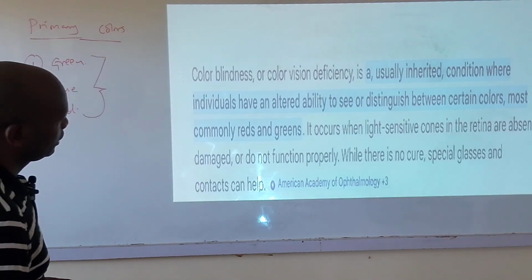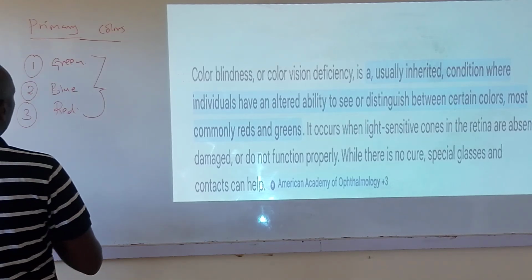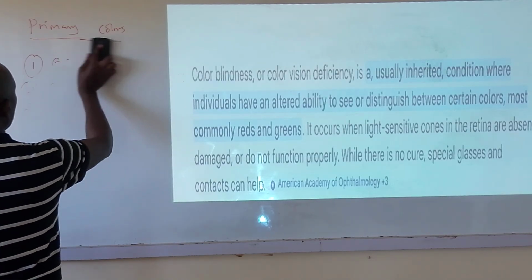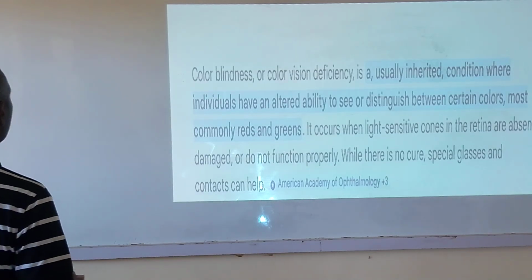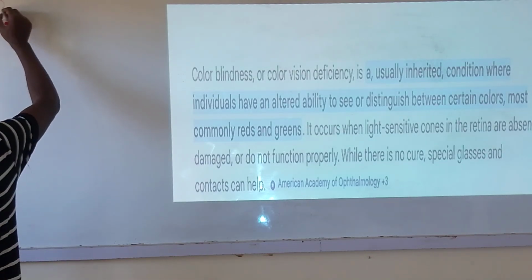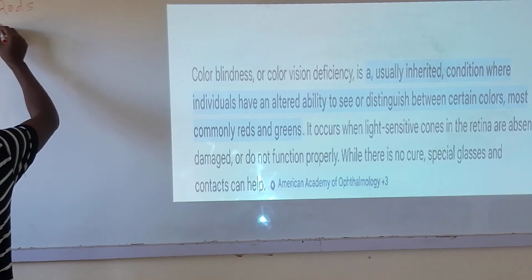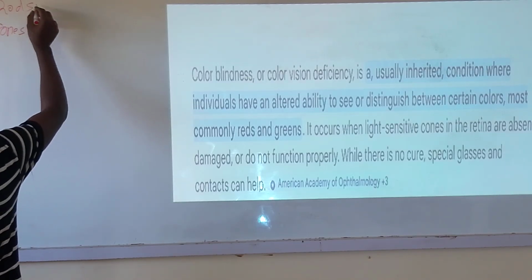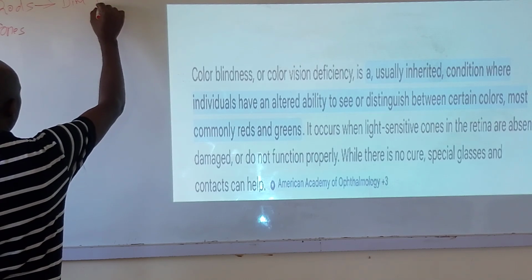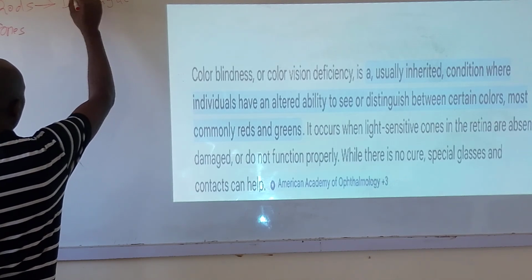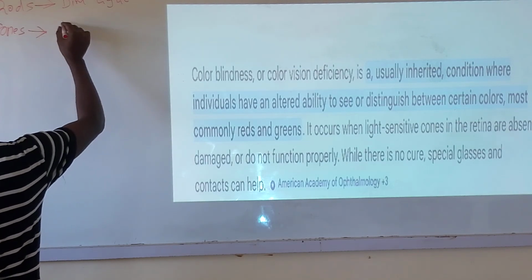So, in the eye, we have photoreceptors of two types. We have the rods and we have the cones. The rods are sensitive to dim light, while the cones are sensitive to bright light.